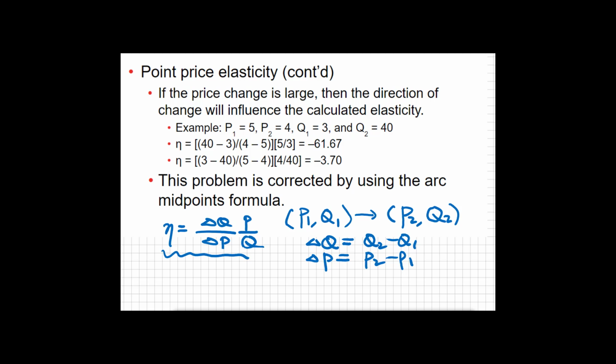When you insert this Q2 minus Q1 over P2 minus P1, and multiply minus 1 in the top and in the bottom of the fraction, it becomes Q1 minus Q2 over P1 minus P2.